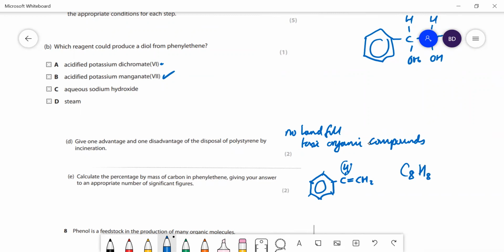The Mr of that is going to be 8 times 12 plus 8, 104. Of that 104, 8 times 12 is carbon, 96. So the percentage carbon is going to be 96 over 104 times 100.